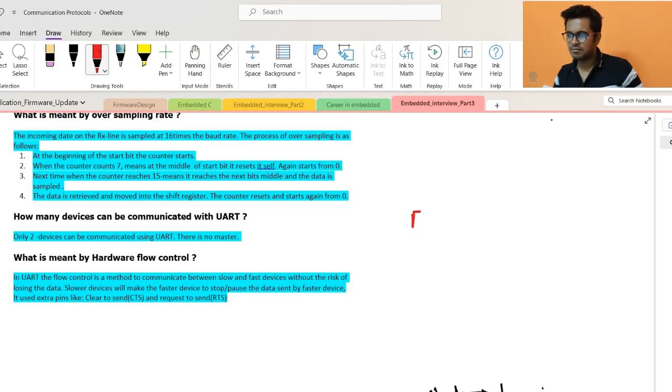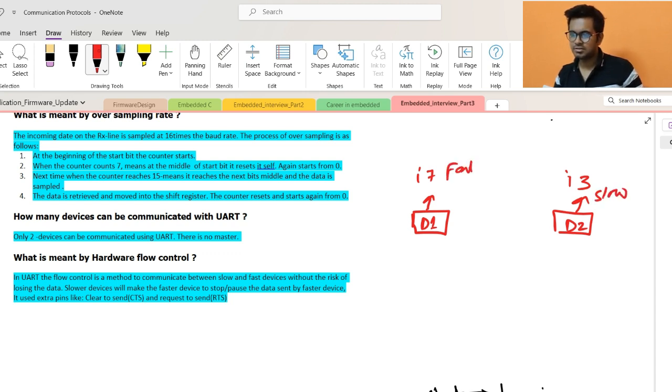Now suppose you have one device D1 and another device D2. This device has, let's say, an i7 processor, and this device is some old, let's say, i3 processor. So this is a slow device and this is a fast device. The fast device is sending the data at a rate of 9600, and this rate is also the same, 9600.